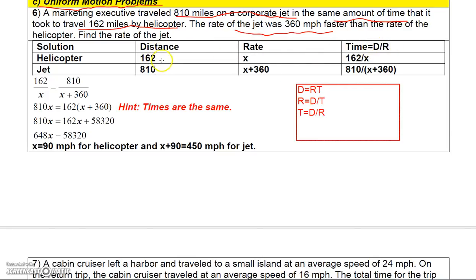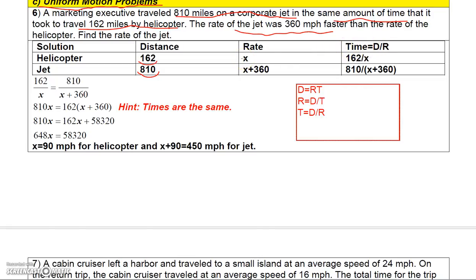So now we're given that the helicopter traveled 162 miles, and that the jet traveled 810 miles. And they did this in the same time. So if we had a way to relate the two rates, we could write their times as distance over rate.